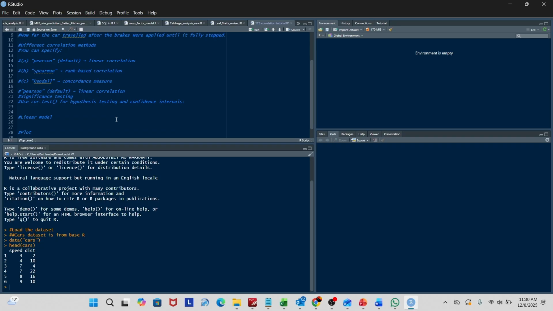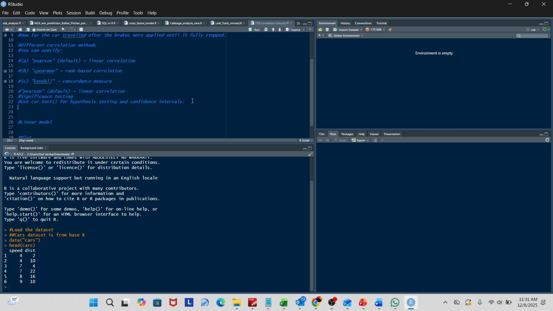And R provides a correlation function called cor.test, which will give us the t-value, degrees of freedom, the significance of the predictor on the response. It will also give us the confidence intervals, and the correlation coefficient, how strong the two variables are correlated.